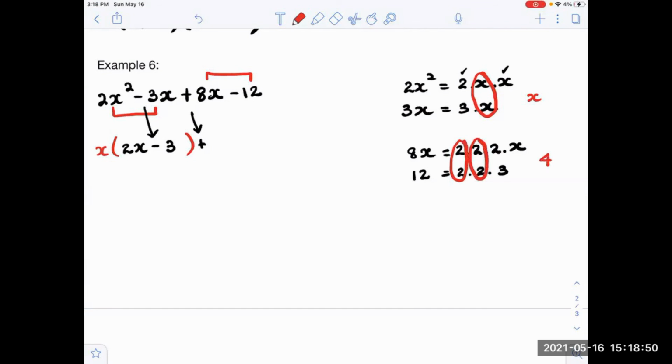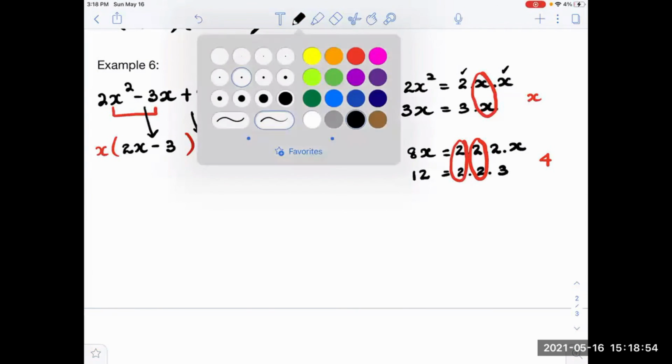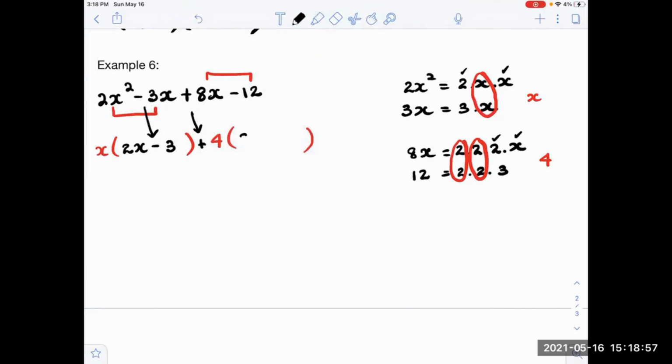So 4 is common. So 4 goes outside. 2 by x minus 3. This bracket is identical to this bracket. So 2x minus 3, x plus 4.